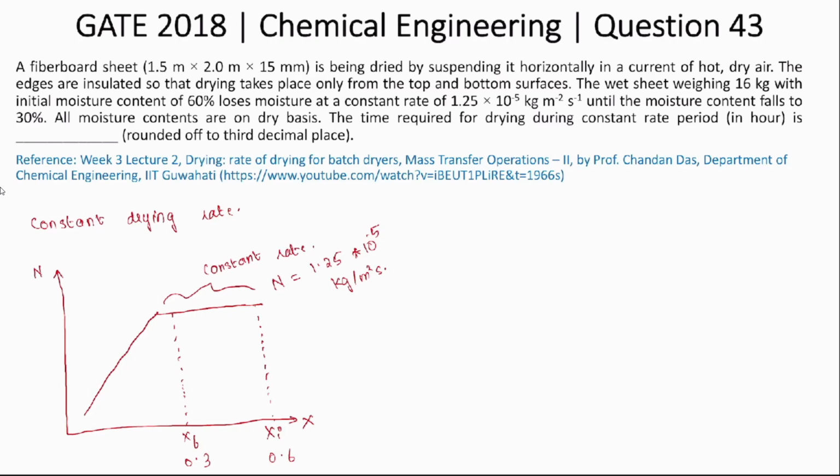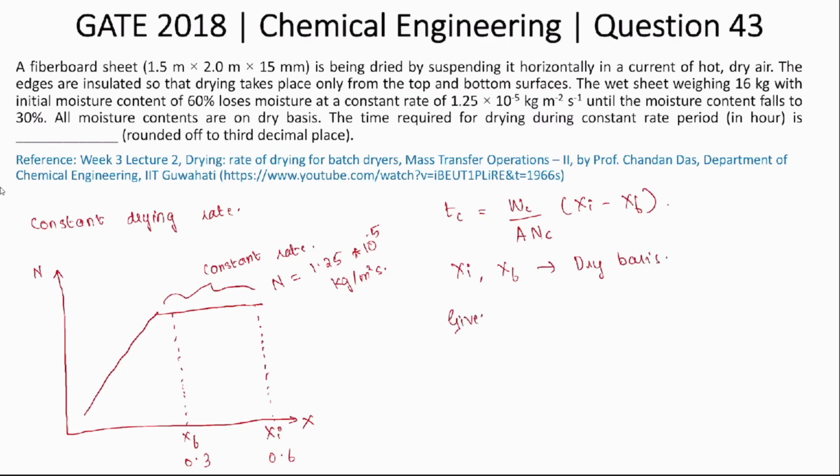So now they have given us almost all the details that we need to find the time required for drying. So time required tc will be W by A Nc into Xi minus Xf. Okay. So as they have mentioned, Xi and Xf are on dry basis.